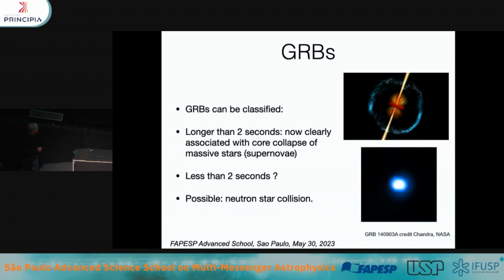We roughly classify them in two types, shorter than 2 seconds and longer than 2 seconds. And what is interesting is it's only very recently that we know that the ones shorter than 2 seconds can clearly be identified as the coalescence of binary compact systems.